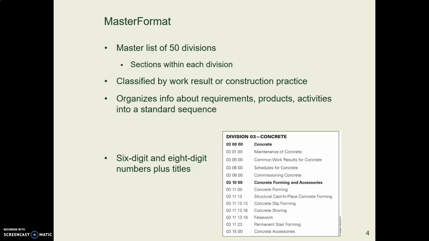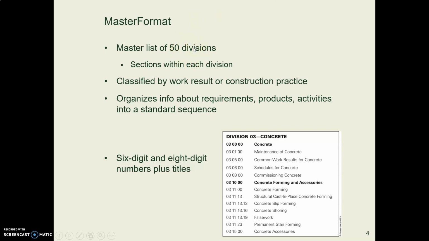It consists of 50 divisions. These are what I would call smart numbers, so each number means something. Division 3 is concrete, as you can see here. Now, when you're thinking about how many divisions there are, if you are from the olden days, before 2004, there were fewer than 50 divisions.